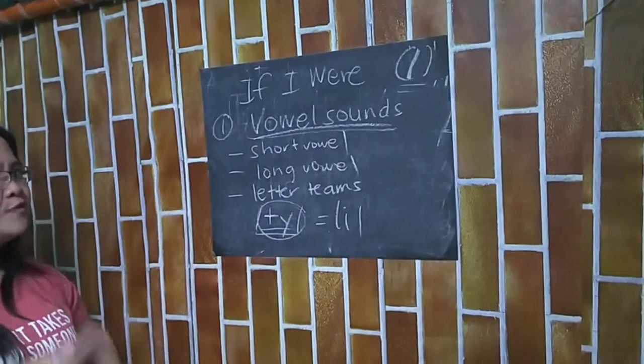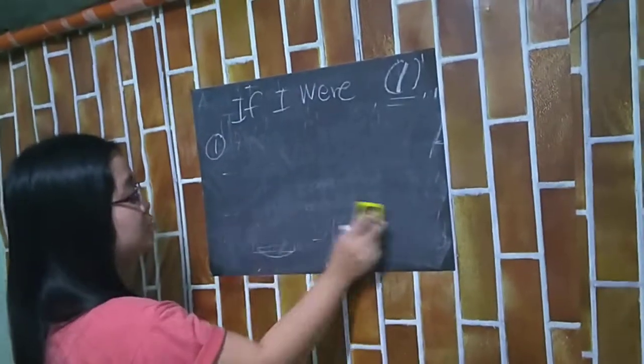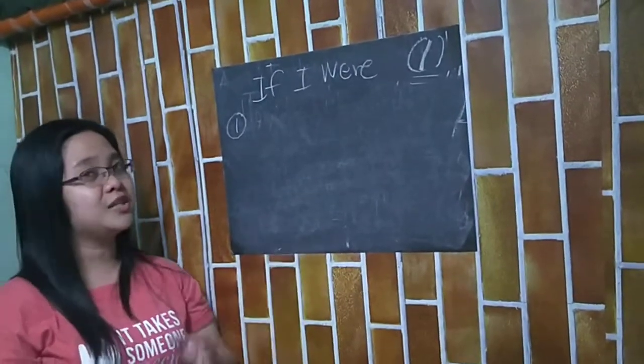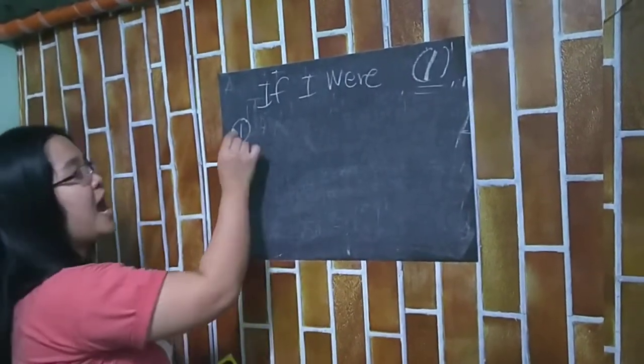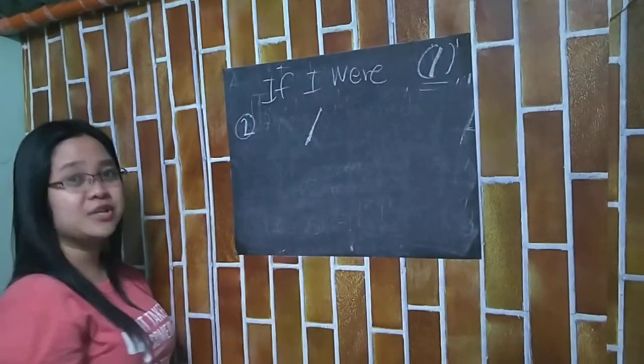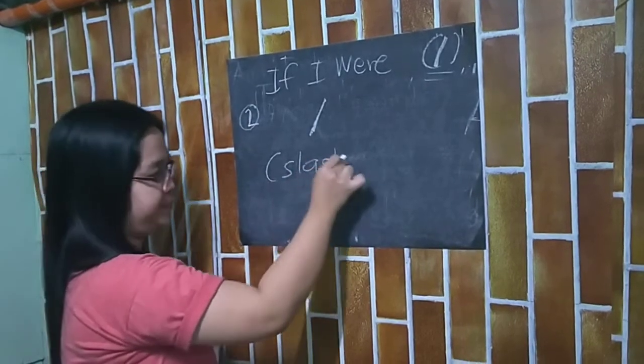Okay? After you get that vowel sound, what will you do next in order for you to really show how many parts are there in each word? So we have to use this mark or symbol, and that is what we call a slash.